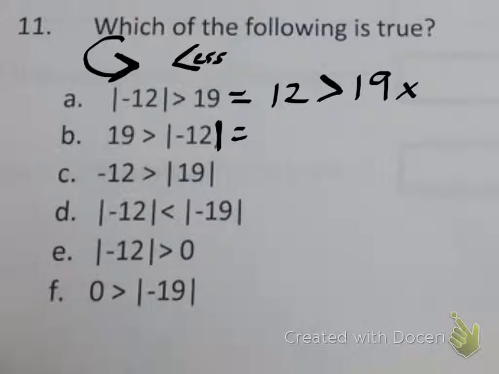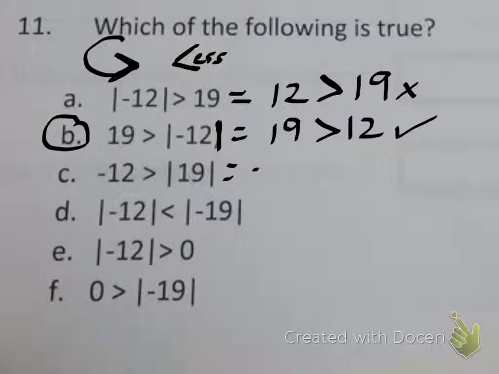Here, once again, we're going to write it out. 19 is just a regular number, greater than, and this is negative 12, which is 12 places from 0. 19 is greater than 12, so B is one of our choices. Then, we're going to have negative 12, that's just a regular number, so we write it with the negative sign, greater than, and once again, any absolute value is always positive.